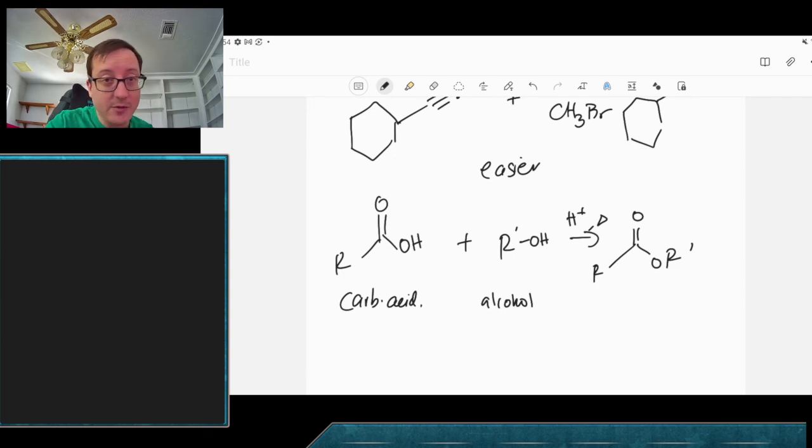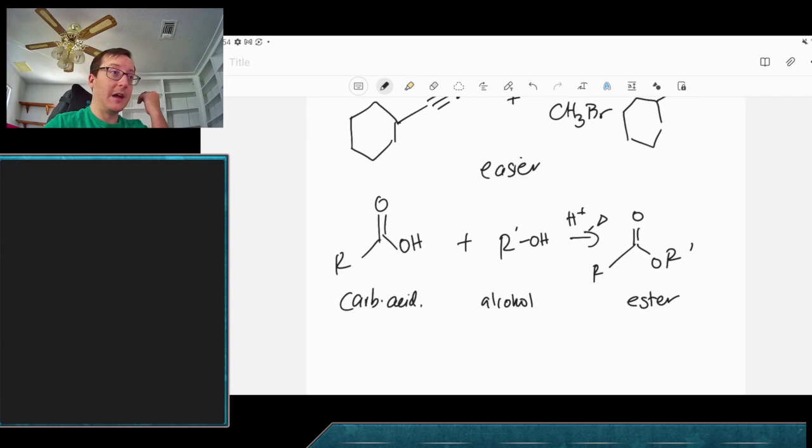I used to cover this in the alcohol chapter because technically you have an alcohol as one of your components. You can make the ester, having the carbons of your carboxylic acid next to the carbonyl, and then the carbons of your alcohol next to the oxygen. So that's one way to make esters. And so you'll see that some of these problems have esters.